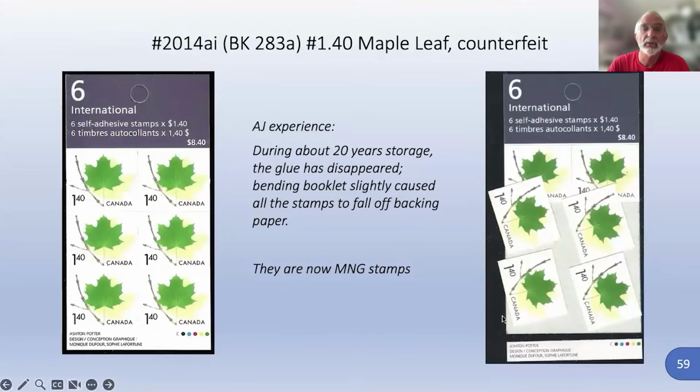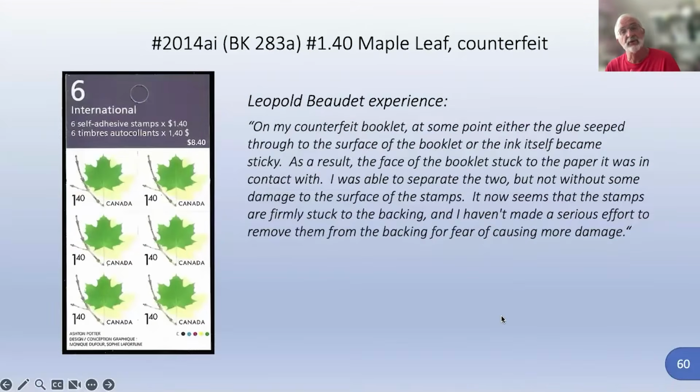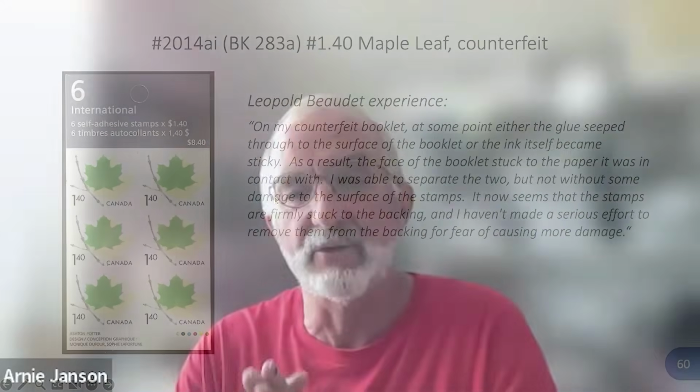I sent this off to another expert, Leopold Baudet, and he's replied that yes, his glue has either seeped through the surface or itself became sticky. So he's had some problems and he doesn't want to take them apart anymore because the booklets are glued to each other.